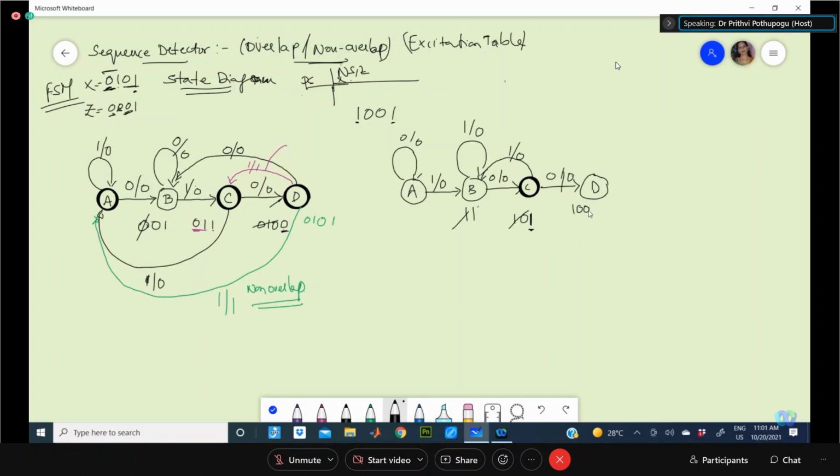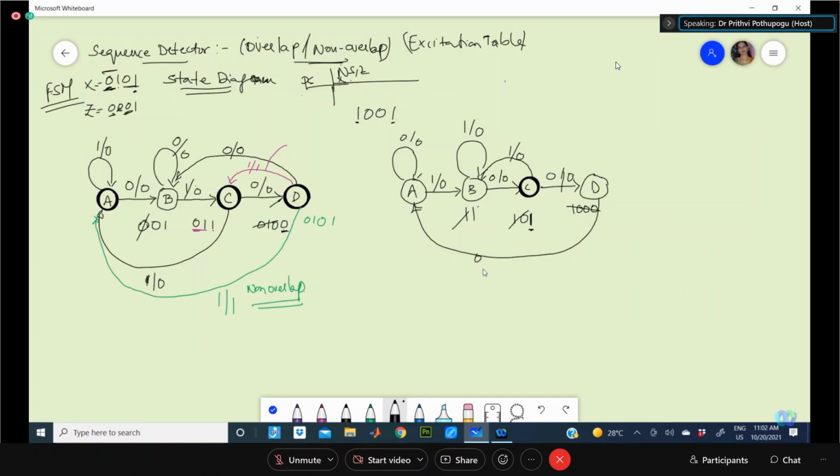So if no bit is falling into the wanted sequence, we have to discard all the bits. Once we discard that, we have to reset back to the initial state, generating 0. This is for 1 0 0 0 happening.